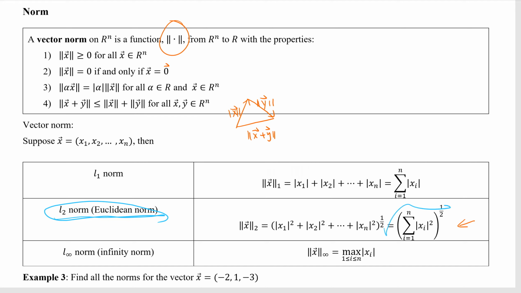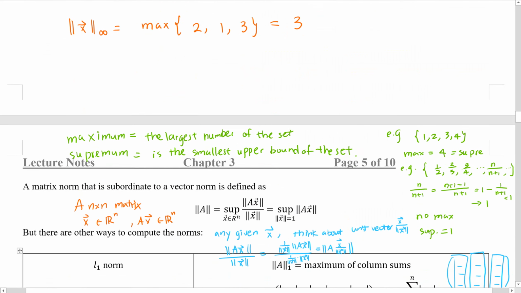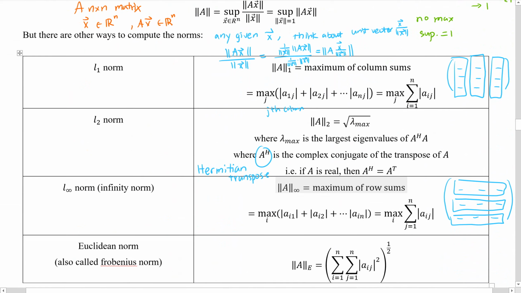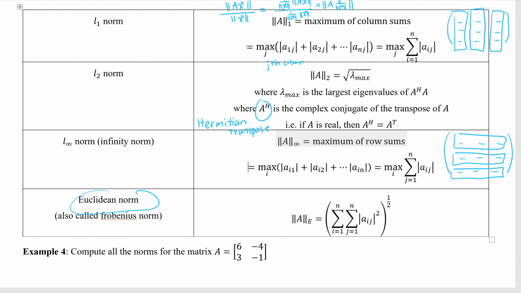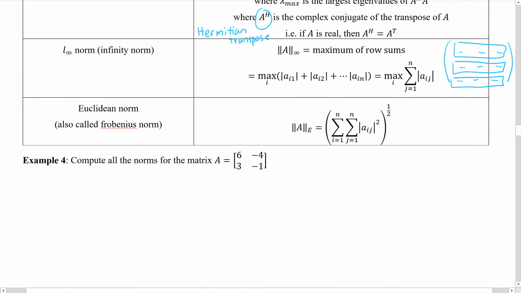But for a matrix, the L2 norm and the Euclidean norm are separate. The Euclidean norm is like the previous definition, but the L2 norm is the square root of lambda max, the largest eigenvalue of the matrix A transpose times A. Okay, I know that's a lot. Let's do some examples to help us understand.